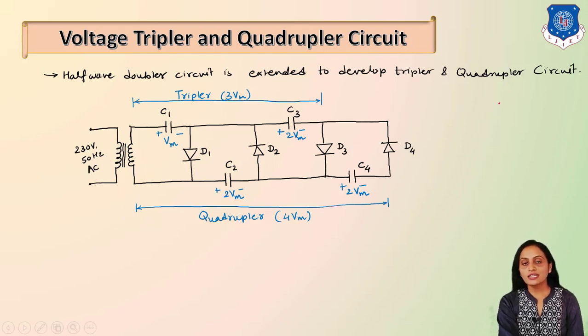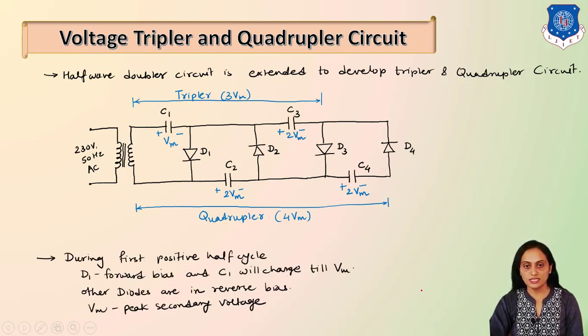So how we are getting this output, that we will see in the analysis. These capacitors are fully discharged initially. Once we apply the input at the primary, then only these capacitors will start charging, and how they will charge one by one, that we are going to see in the analysis.